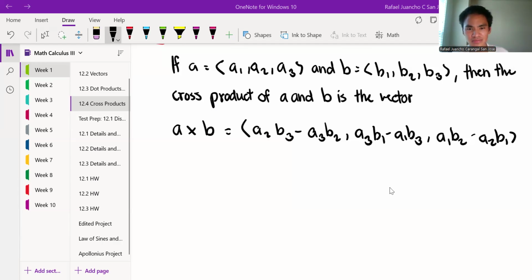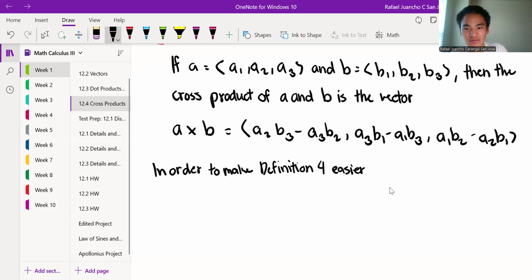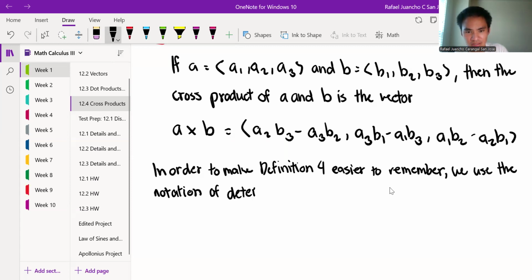So it says here, I think we're just going to write that out.